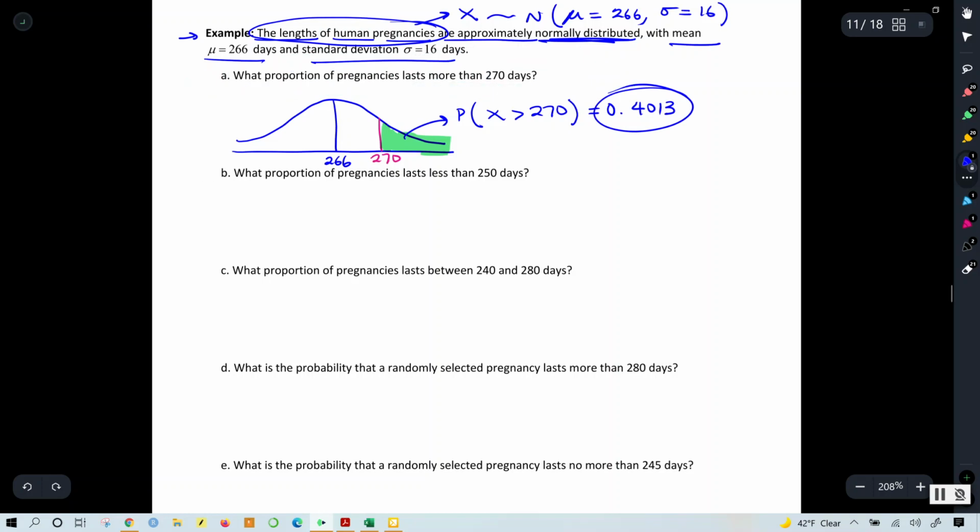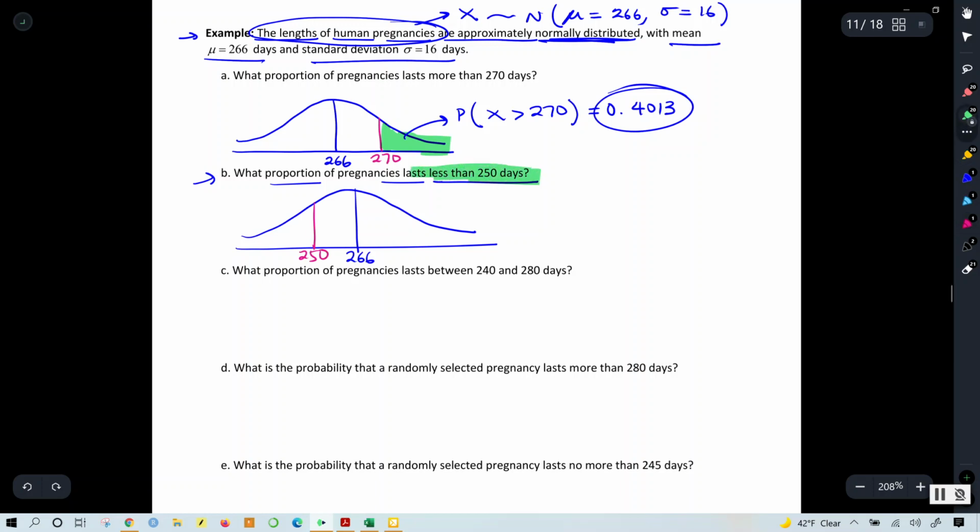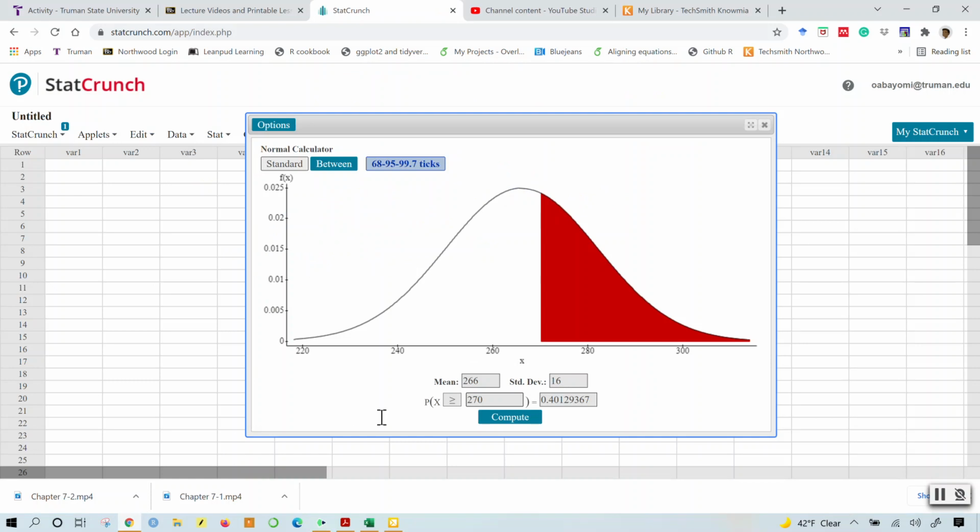Then, with that said, we proceed to question B. What proportion lasts less than 250 days? So we have this piece, we locate 266, and then we locate 250. We want to find the area less than 250 days. So in this context, this is the probability of x less than 250, and that will be going to StatCrunch.